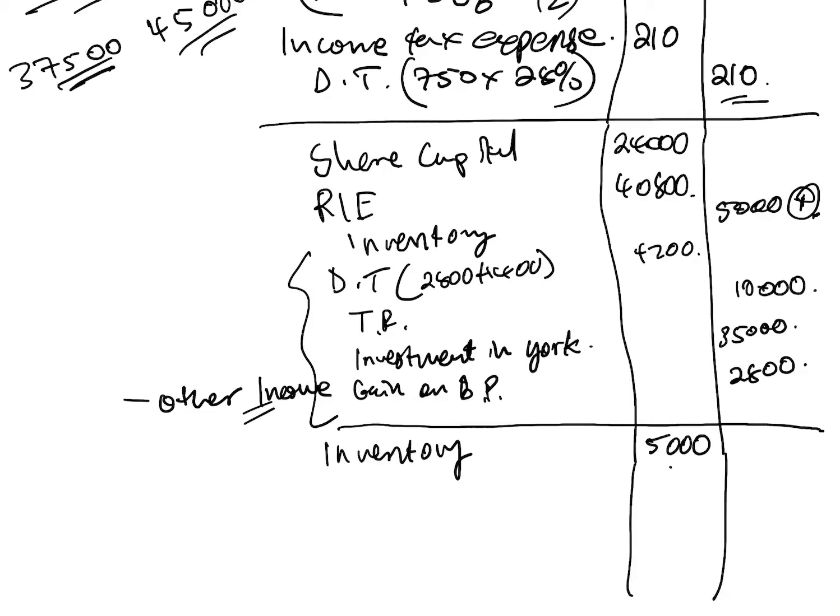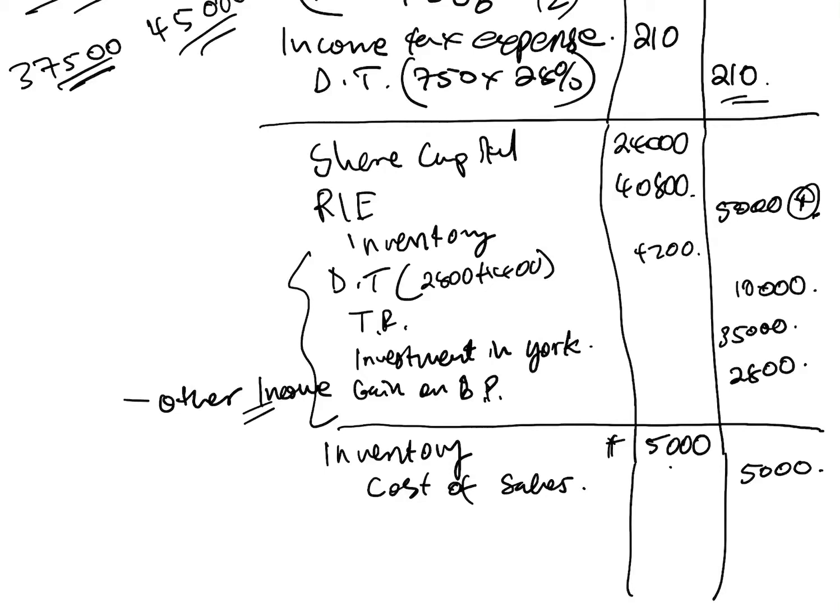Since this is inventory in the current year, we credit the cost of sales, 5,000. You are going to reverse again your deferred tax, so you debit your deferred tax to remove the deferred tax that was actually realized.